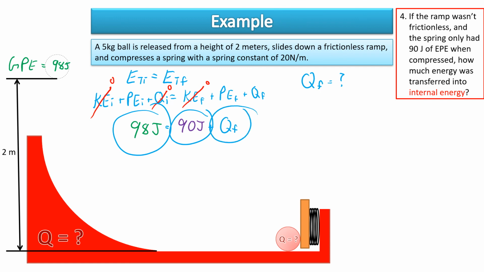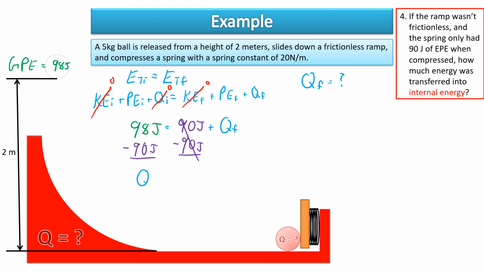The remainder must be the internal energy. It boils down to it being that simple. All you do is subtract from both sides. This is where I say I like to rely on the math and let the math tell me what to do, because that way I don't have to guess. And let's make it nice because this is a good one. And then Q final, what is that total internal energy at the end? It's going to be 8 joules of internal energy.